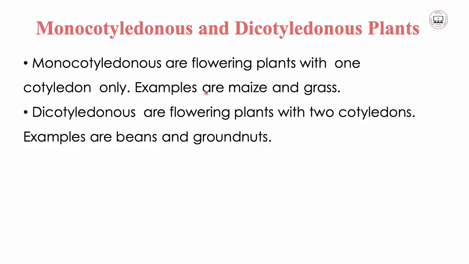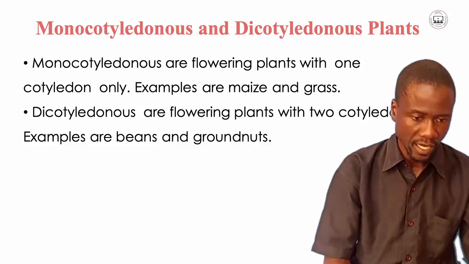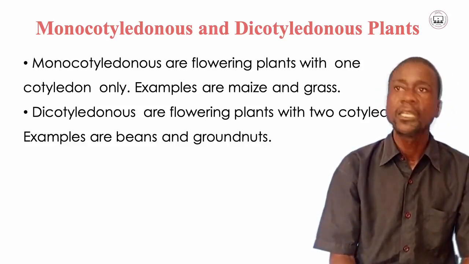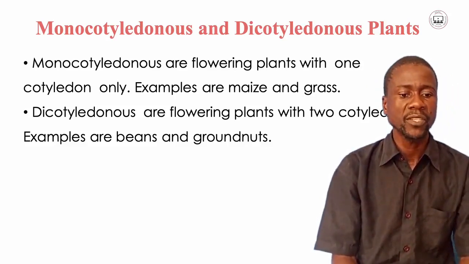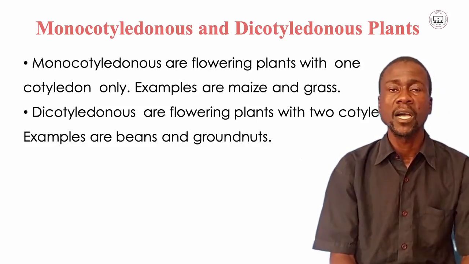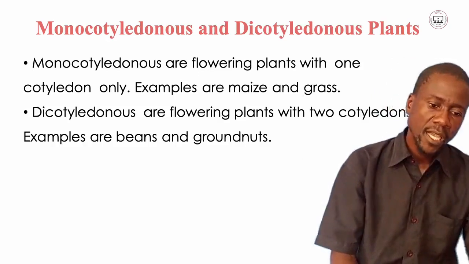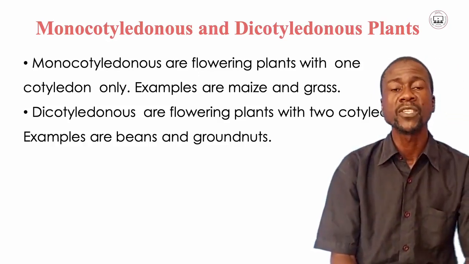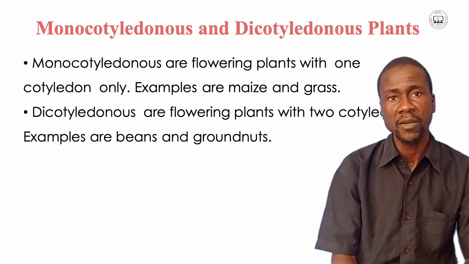So we have others which are called dicotyledonous, flowering plants with two cotyledons. Examples are beans and groundnuts. The most common examples could be beans and groundnuts. Just to shed more light on the monocotyledonous and the dicotyledonous plants, this has been a topic in your maybe primary curriculum, where you discuss flowering and non-flowering plants.